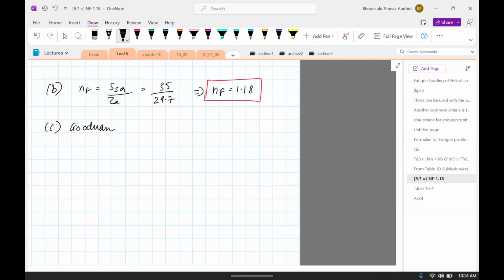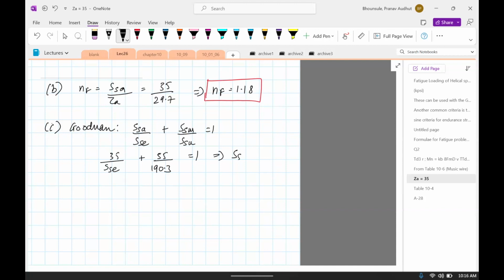Okay, so the formula for Goodman is SSA divided by SSE plus SSM by SSU equals 1. From Zimmerli data, SSA is 35. SSE is unknown. SSM is 55. SSU is 190.3. Equal to 1.